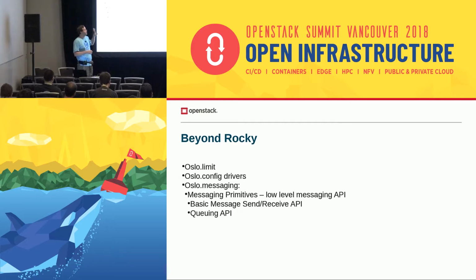This is going to hopefully provide a common way to do lower level messaging, because we found out, I think recently, that there's actually quite a few projects that are writing directly against the Pika driver or the Kombu driver, or one of the lower level messaging drivers, and we don't really want people to have to do that, so we're going to try to provide a common way in Oslo messaging, and that way it's abstracted out.